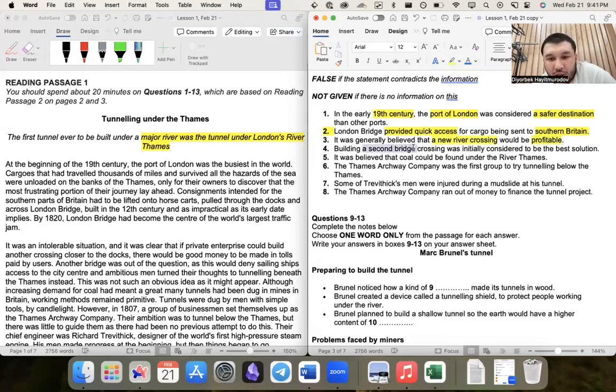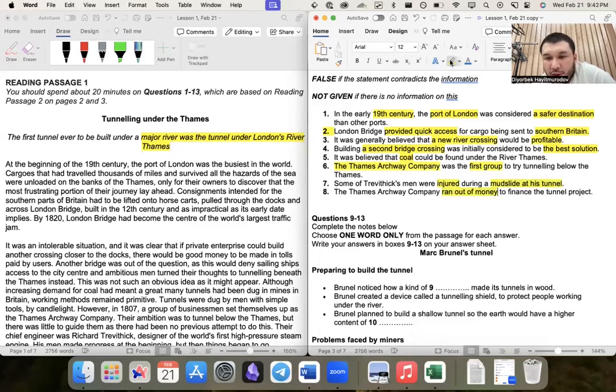"Building a second bridge crossing was initially considered to be the best solution." "Then it was believed that coal could be found on the River Thames." "The Thames Archway Company was the first group to try tunneling below." It was the first group. "Some of Trevithick's men were injured during the mudslide at this tunnel, and Thames ran out of money to finance the project."